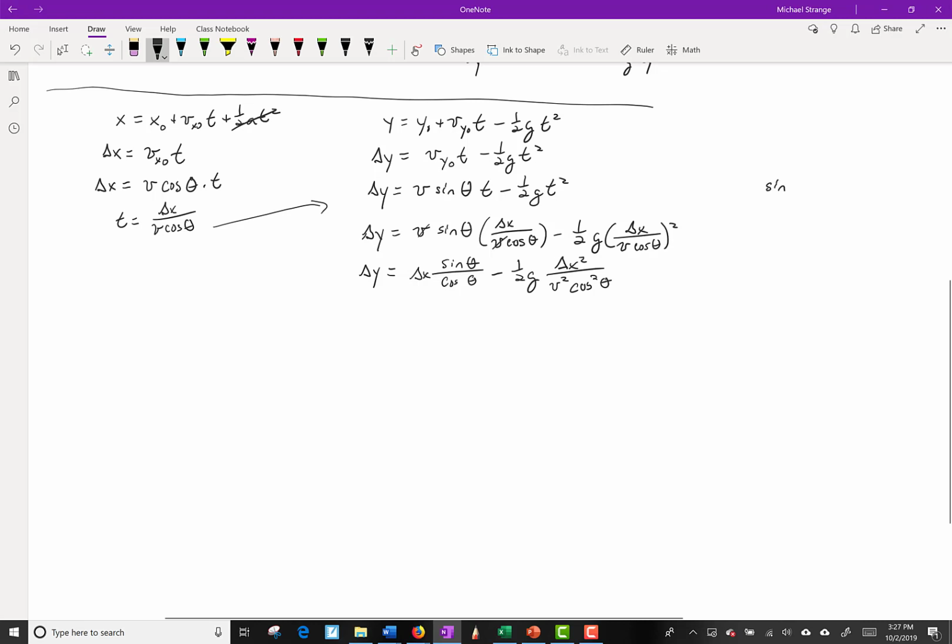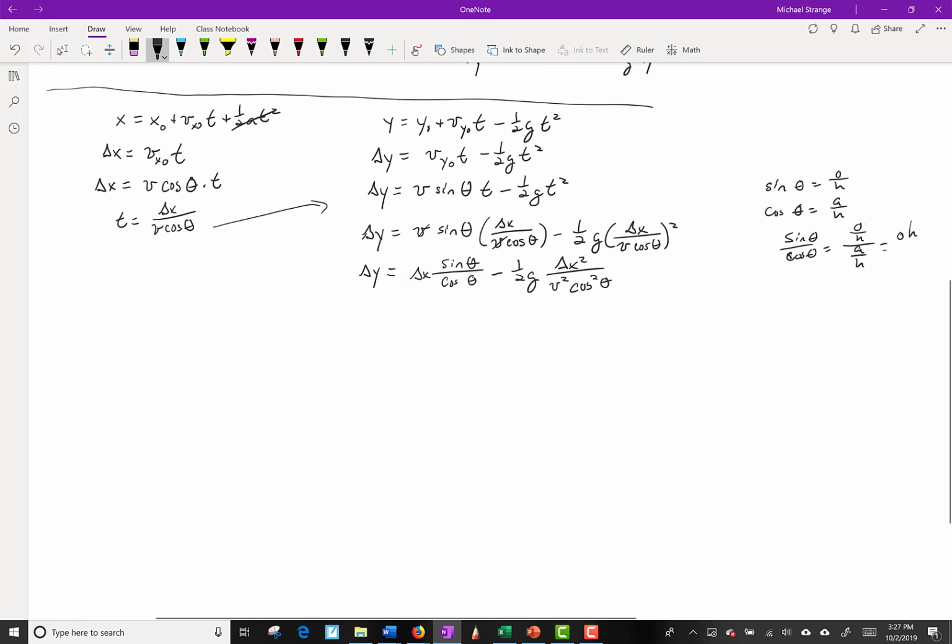So remember that sine theta is opposite over hypotenuse. Cosine theta is adjacent over hypotenuse. So sine over cosine theta is going to be opposite over hypotenuse divided by adjacent over hypotenuse. And we can simplify this fraction by multiplying the outside.